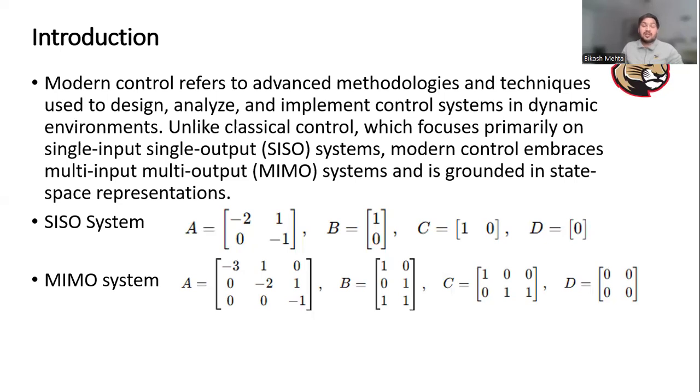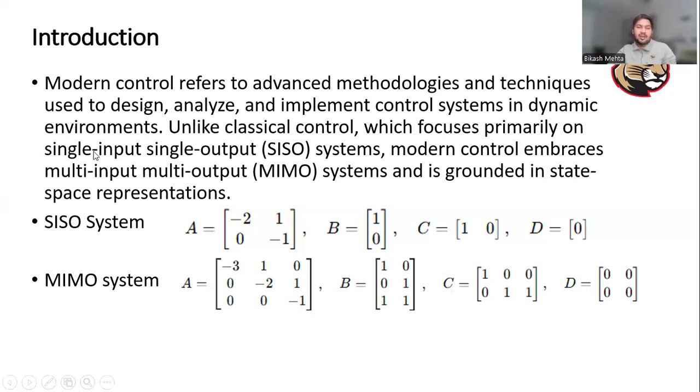So we can see that even a simple auto steering mechanism requires a multiple input multiple output system. But classic control can only deal with single input single output systems. You can think of the wing control design of any aircraft, which is way more complex than the auto steering control of any automotive car.